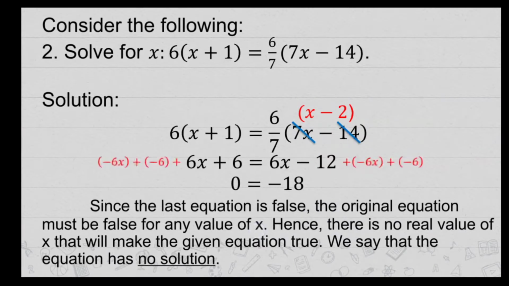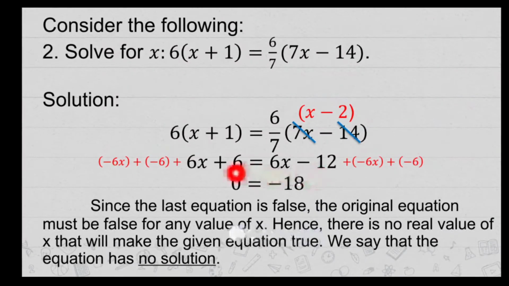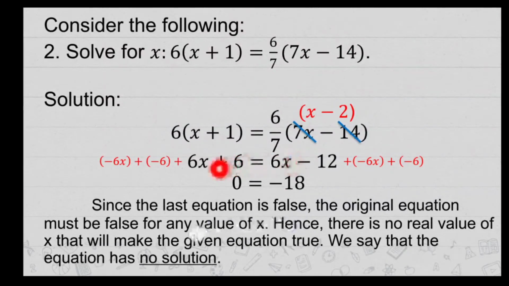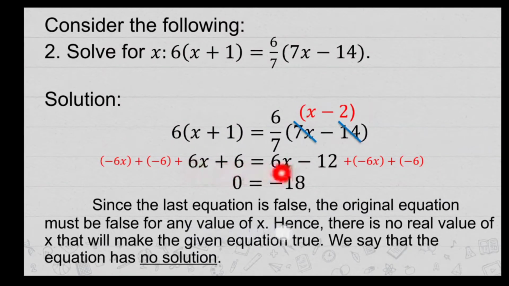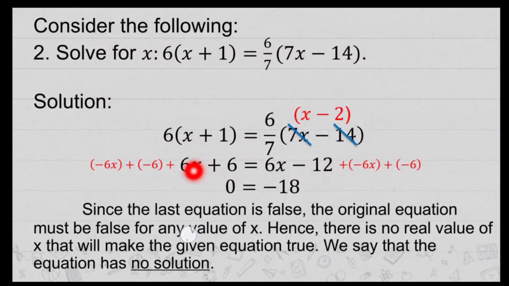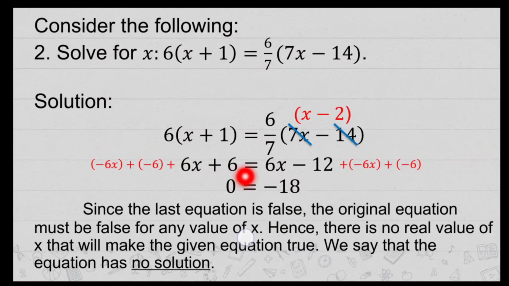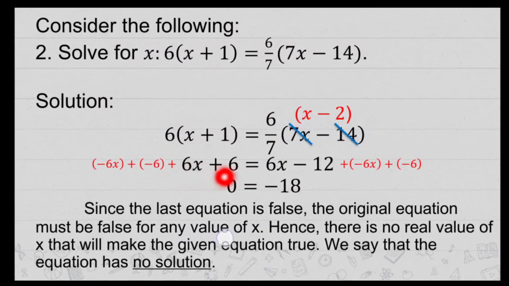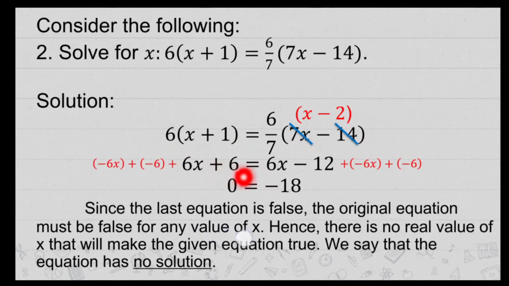So, to simplify this, we have to use the addition property. We have to isolate x here or here. Let's isolate x here, for instance, then put the constant on the right side. If we isolate x here on the left side, we have to eliminate 6.